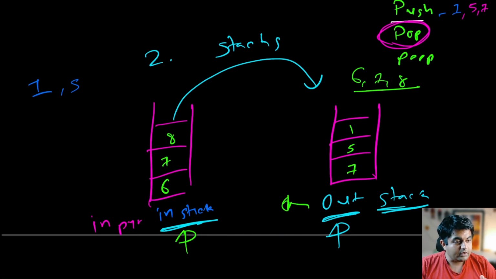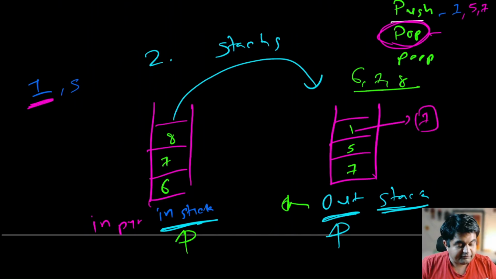But the thing is, I'm always bringing stuff out from the out stack. So the order in which stuff has been entered and is being taken out is always going to remain as it is. If I do a pop operation, I'm going to pop element 1 out. Notice that 1 was the first element that was entered. Then if I pop again, 1 is no longer here, so I would pop 5 out.